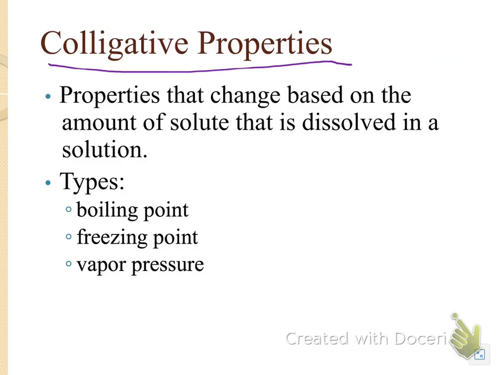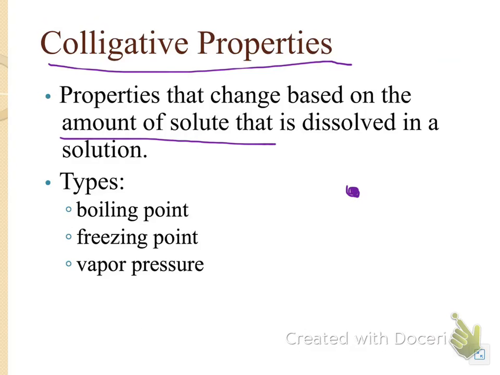And a colligative property is a property that changes based on the amount of solute that is dissolved in the solution. And the interesting thing is, it doesn't matter which solute. It doesn't matter what its mass is. It doesn't matter what type it is. The only thing that matters is the number of particles.